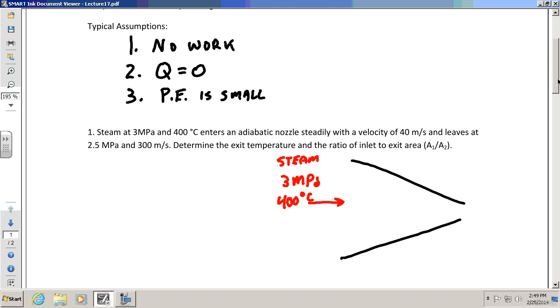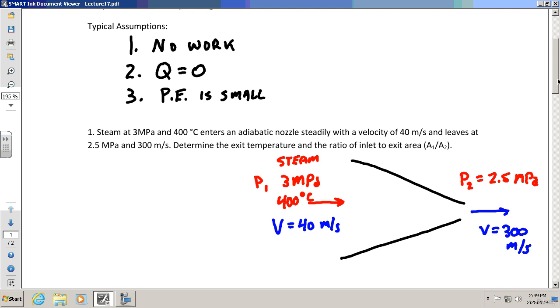We also know it's going in with a velocity of 40 meters per second, and it's exiting with a velocity of 300 meters per second. And we know that it exits with a pressure, call it P2, of 2.5 megapascals. P1 is 3 megapascals. T1 is 400 degrees Celsius.